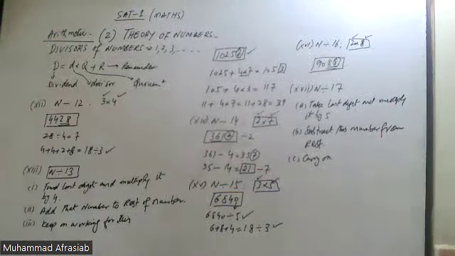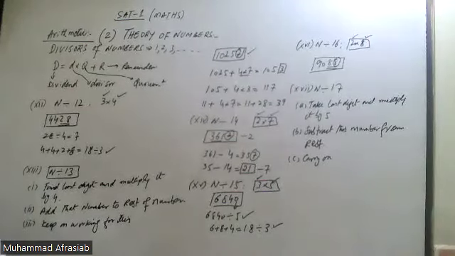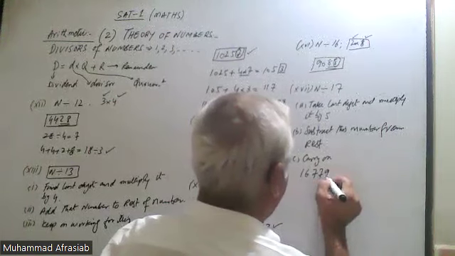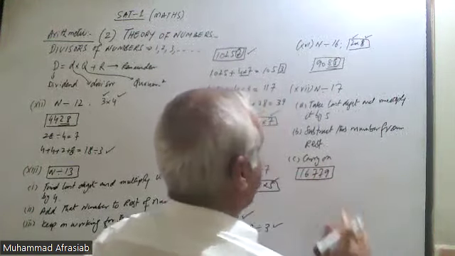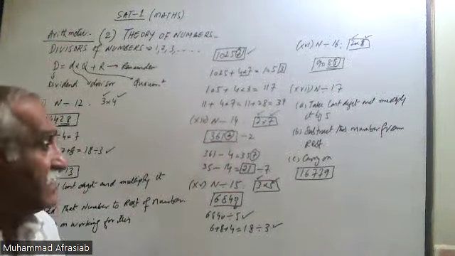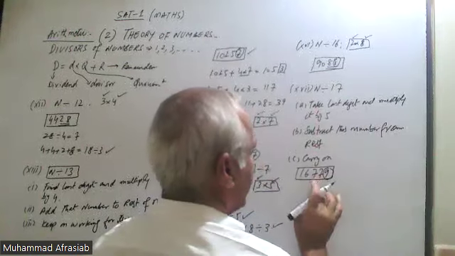The number given to us is 16779. Let's say this is the number, and we have to check whether it is divisible by 17, yes or no. So here the last digit is 9, multiplied by 5 and subtracted from the rest of the number.